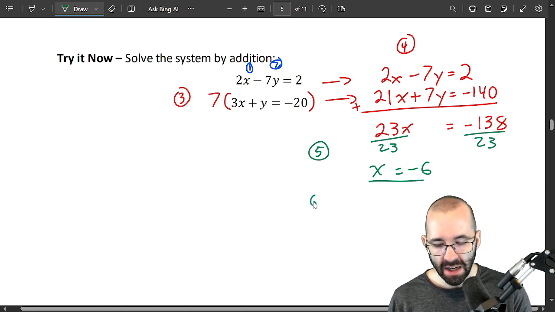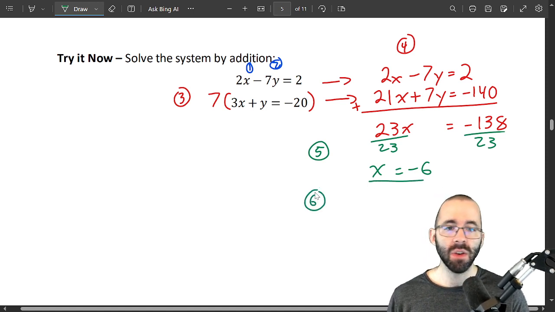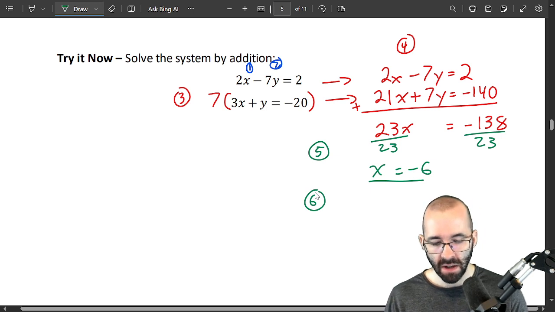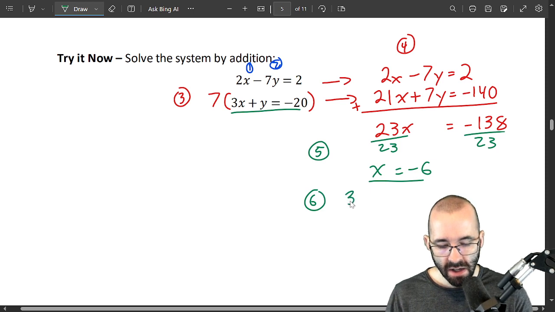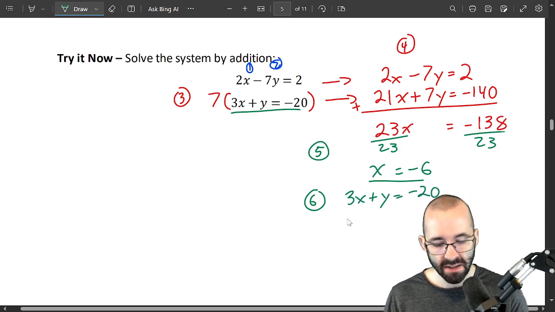Great. And now we can use this with either equation. So I like the second equation. It's pretty simple looking. And we can use the original one too. So 3x plus y equals negative 20, and x is negative 6.